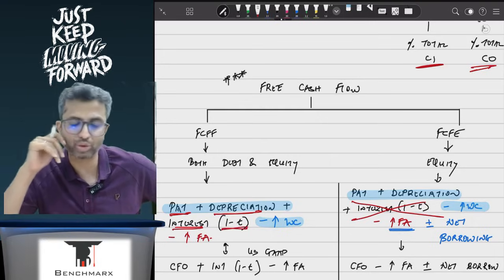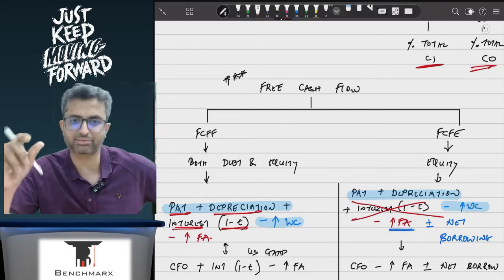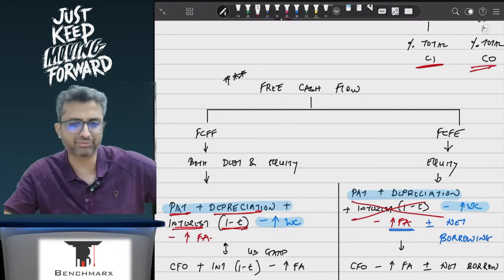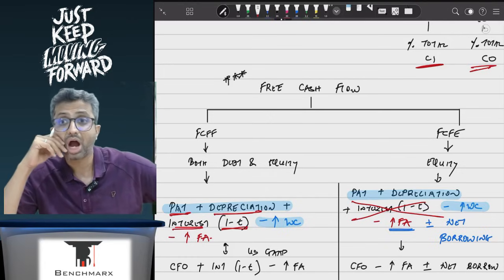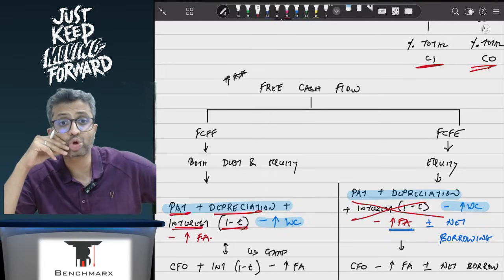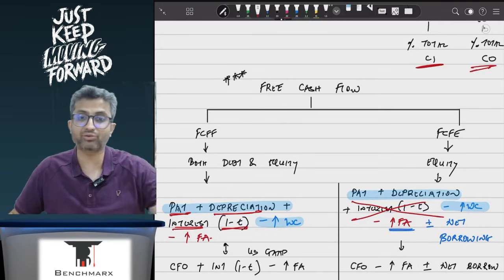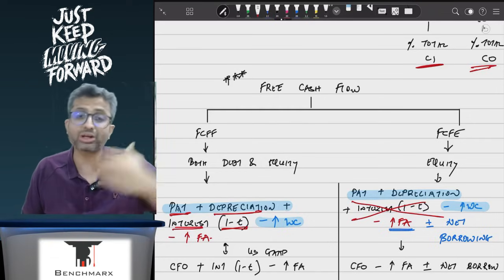This will typically give you that, at least under IFRS. Under US GAAP, interest may be taken as operating, etc. But let us say over here you are taking PAT plus depreciation. However, in CFO you should also have working capital adjustments. Free cash flow means that money should be freely available to distribute as dividend. Whether I distribute or not is my prerogative.